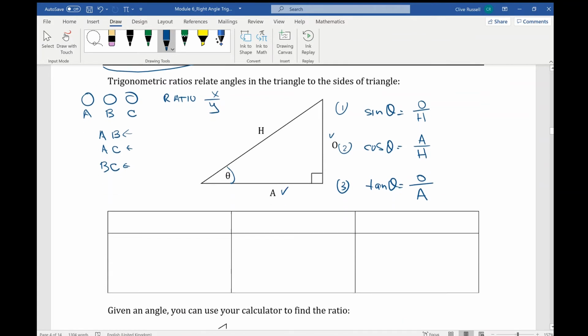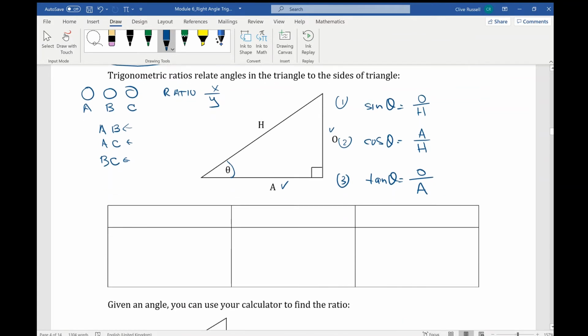So here we have 3 ratios. Let me just put that down here. So we have what we call sine theta, cosine theta, and tan theta. In fact, the proper names are the sine, S-I-N-E, but we abbreviate it as sin. For cosine, it's really C-O-S-I-N-E, but we call it cos.